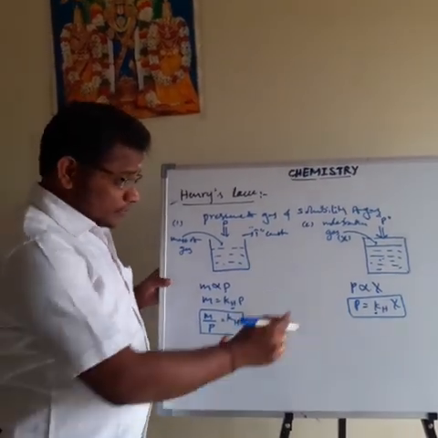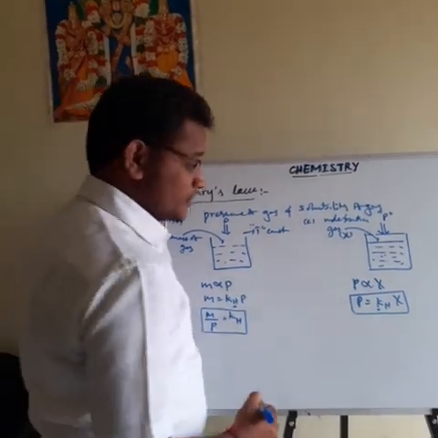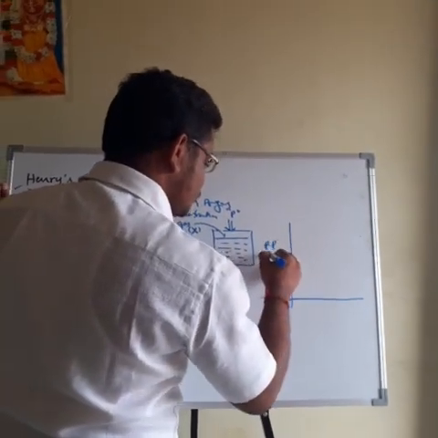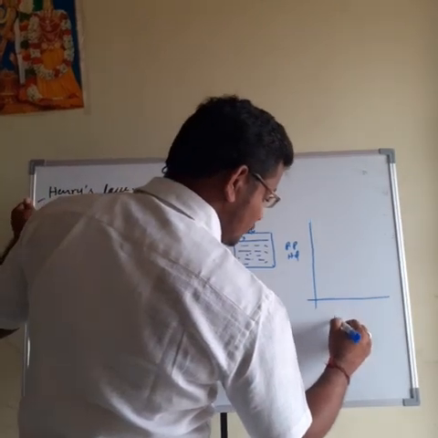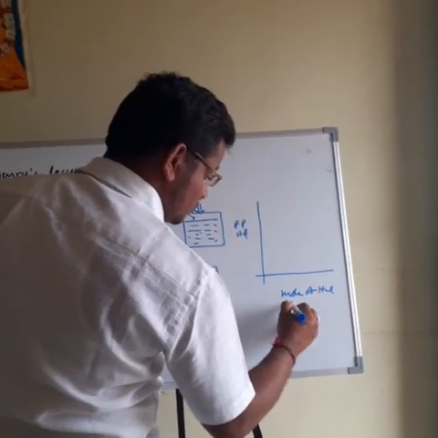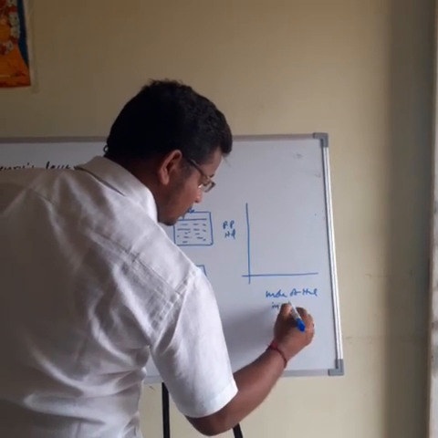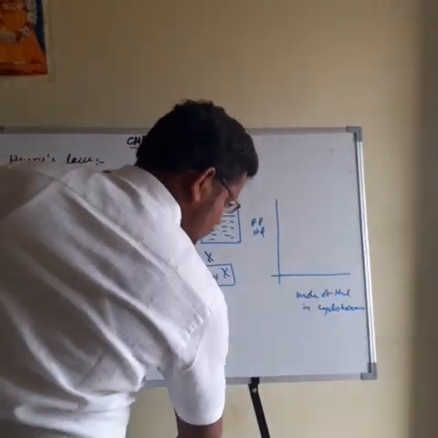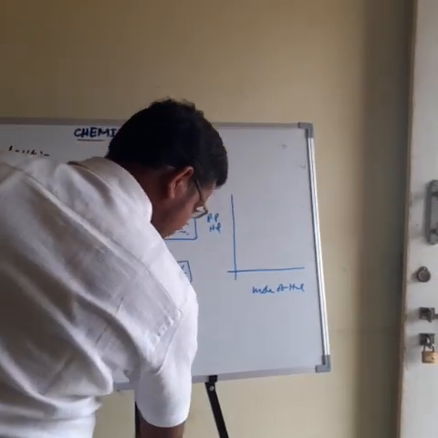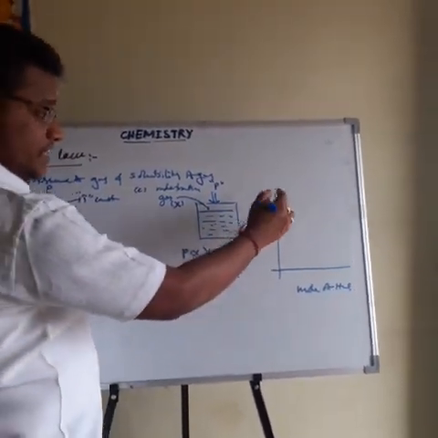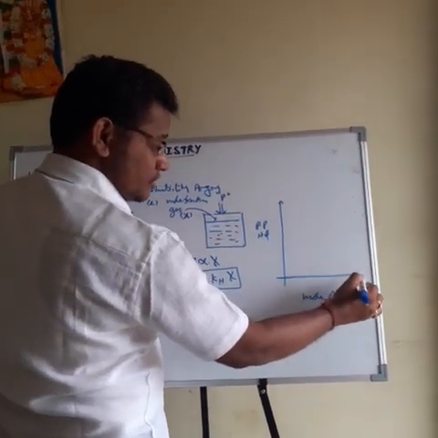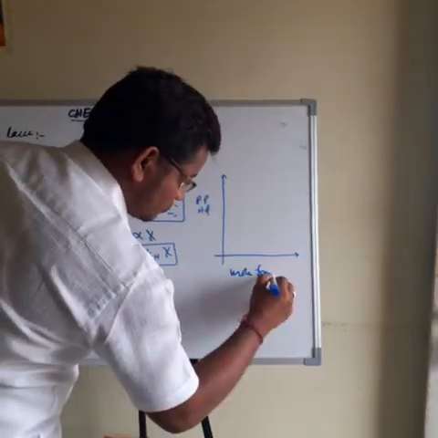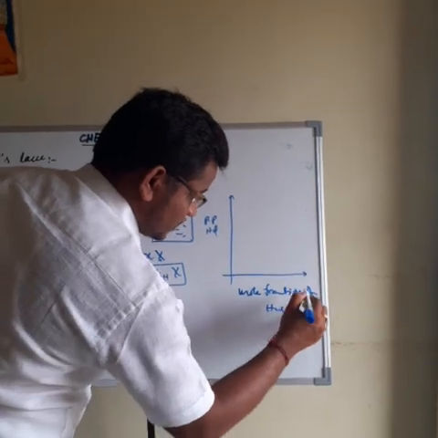Then what is the partial pressure graph under Henry's law? Here the partial pressure of hydrogen chloride is taken on the y-axis, and the mole fraction of HCl in cyclohexane is taken on the x-axis.